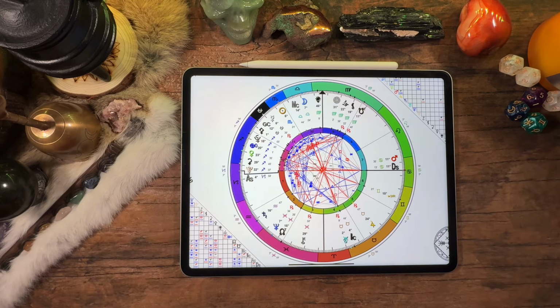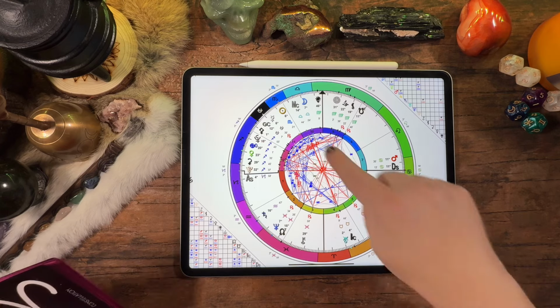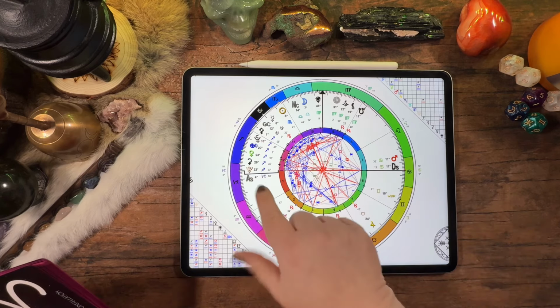So you'll hear a lot of people in Western astrology saying that Pluto has just moved into Aquarius after so many years, right? In Western astrology, because it is a system, it's not based on what's truly in the sky, and a lot of people do not know that. But let's find Pluto. Pluto's right here.